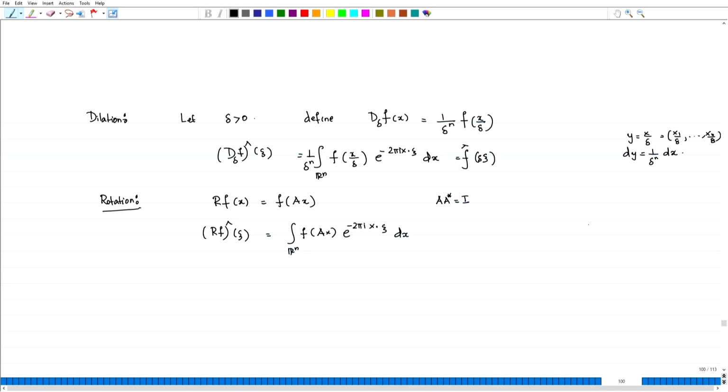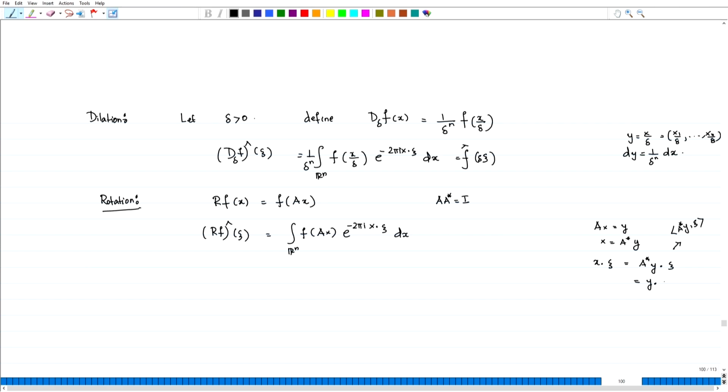Now, if I make a change of variable, suppose Ax we write as y, then x we have A star of y, because A star is the inverse of A. So, therefore, x dot xi becomes A star y dot xi, which is, by the matrix operation, and you can symbolically think of this dot product as nothing but the inner product, y dot A xi.